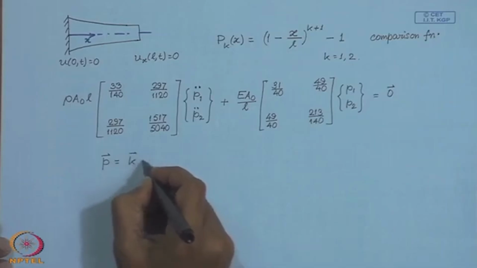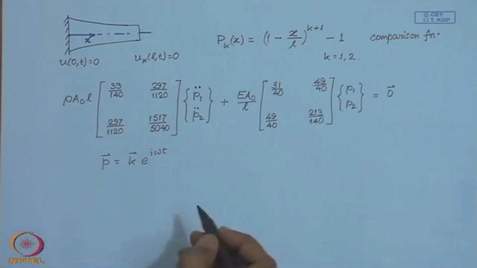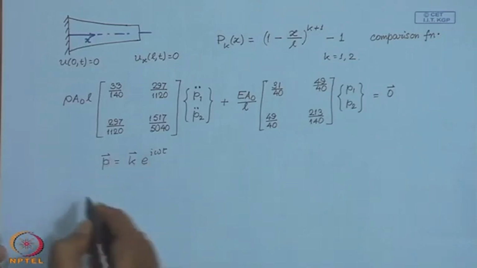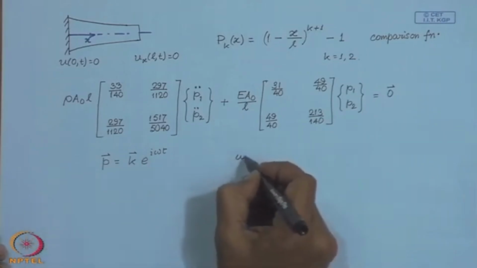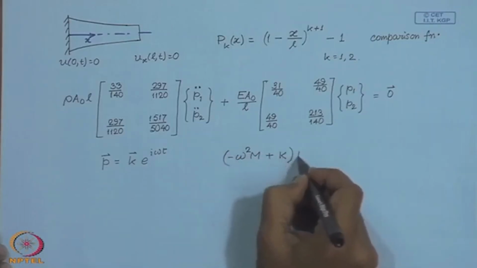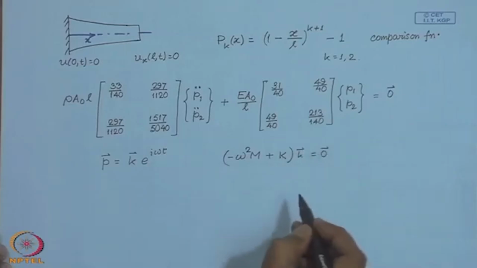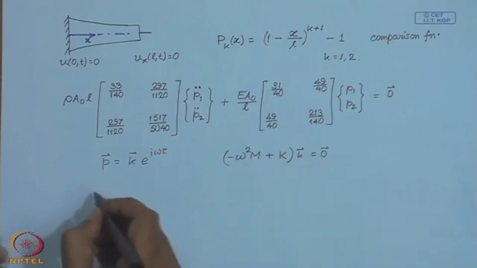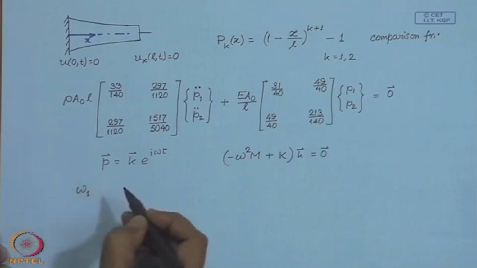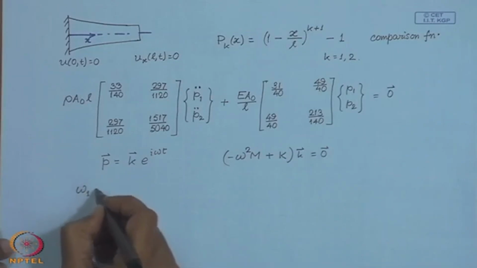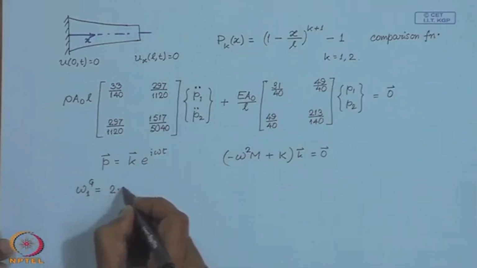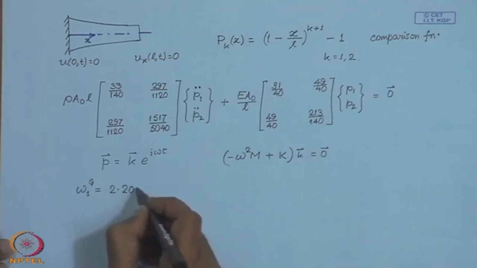Then, as usual, we do the modal analysis assuming this structure of solution, and we obtain the eigenvalue problem, discretized eigenvalue problem, and from where we obtain the first two circular natural frequencies.